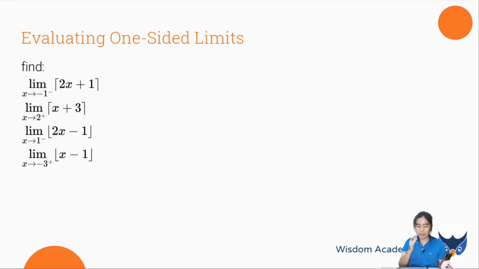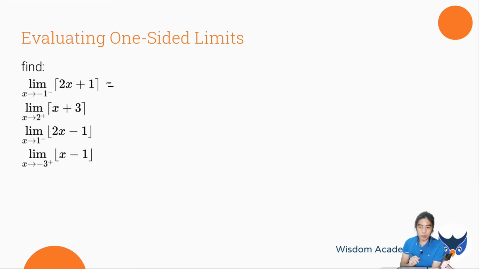Okay, so we will explain this through examples. So, yung technique na gagawin natin dito is similar sa ginawa natin sa square root functions. So, we will just substitute values near a pero greater than or less than a. Okay? So, for this first example, we will substitute negative 1.